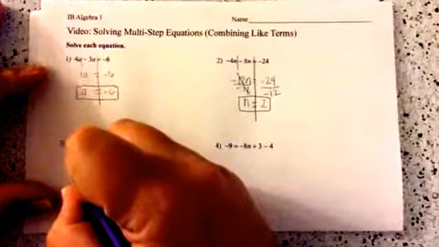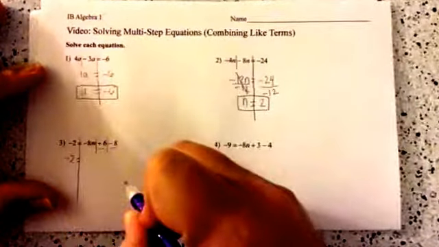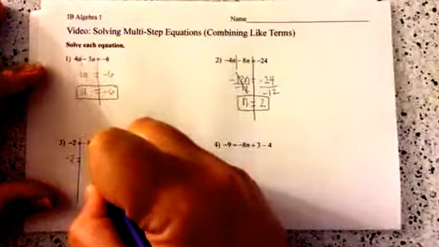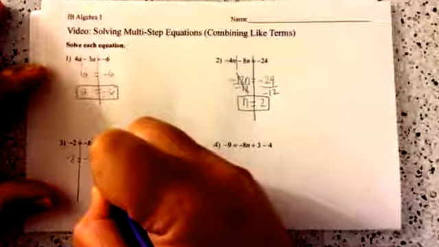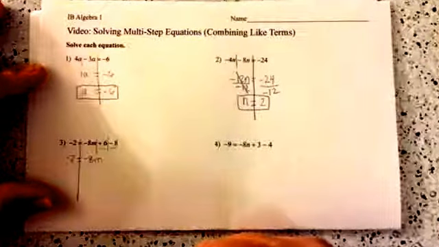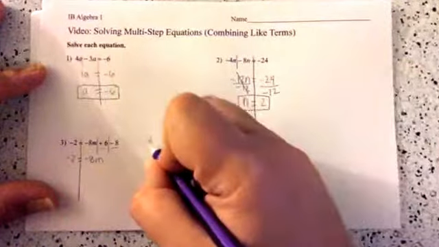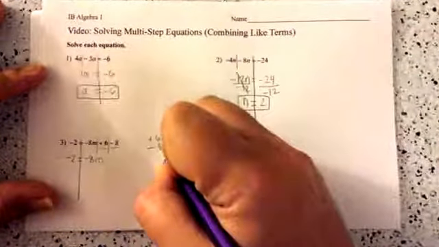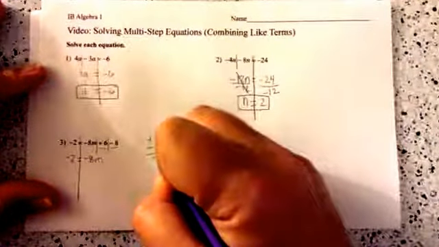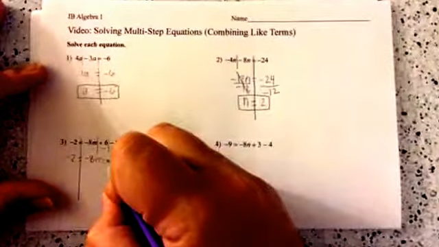The left side of the equation is negative 2 equals negative 8m, because I'm not going to do anything with that since there's no other m's. And then I have plus 6 minus 8. So if I think of positive 6, subtract 8, my answer is going to be negative 2. So when I combine those two together, I get negative 2, so I'm going to put a minus 2 on the end here.